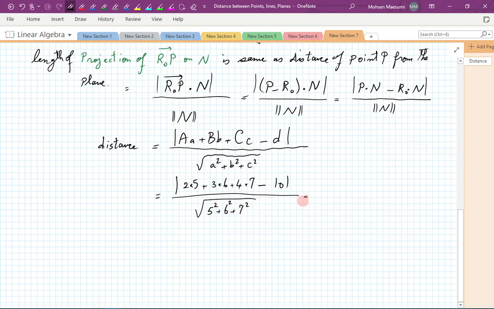So all that's left is basic arithmetic. So 10, 18, 28 minus 10. Let me make sure that this is not confused with anything else. 5 squared, 6 squared, plus 7 squared.